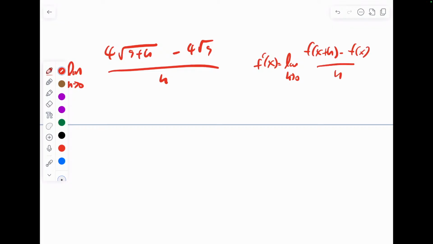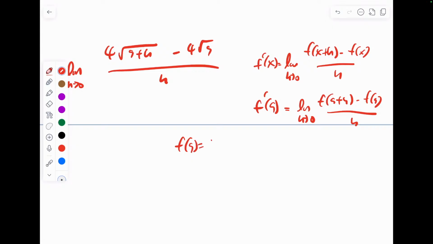So you know this is asking for f prime of 9, because that's the limit as h approaches 0 of f of 9 plus h minus f of 9 over h. So f of 9 is equal to 4 root 9, which means f of x must be 4 root x.